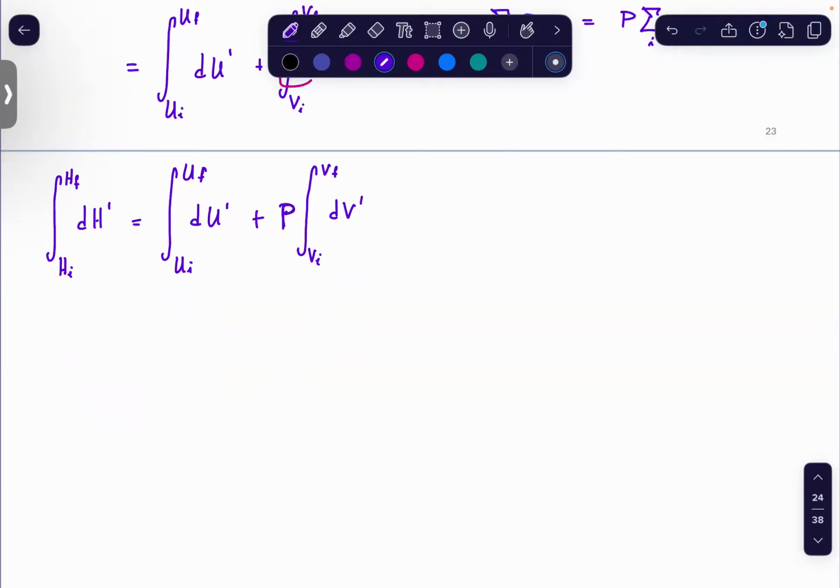So here, you're going to get H prime evaluated at the limits, U prime evaluated at the limits, plus P V prime evaluated at its limits.